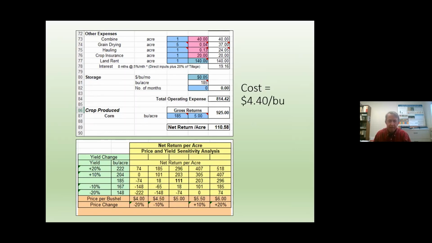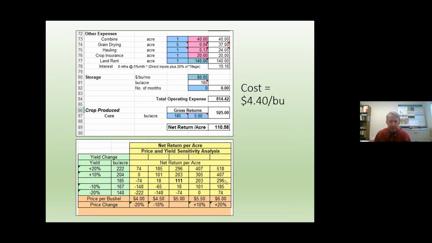That would give me an average cost of $140. So with all that, my operating costs are about $814 per acre. I'm assuming a gross return of $925 based on a 185 bushel yield at a $5 harvest price. So I have a net return of $110 per acre.